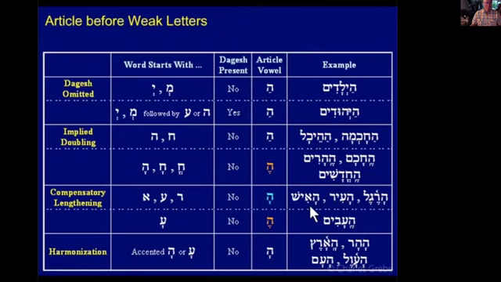So with ish, for instance, meaning man, you have ha'ish, where the patach changes to a kametz. There's no doubling here, and so it lengthens there. Similarly, ir, which means city, changes to ha'ir with the kametz rather than the patach. The patach lengthens to a kametz. And here's an example with resh, regel, meaning foot. Again, you have the kametz there. So, compensatory lengthening.